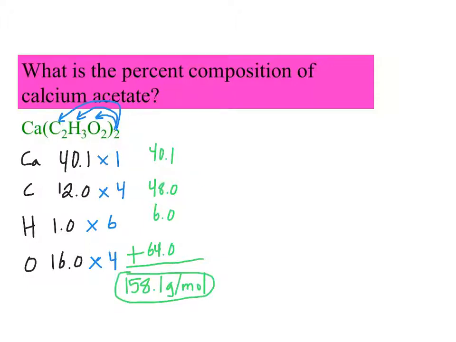So to find the percent composition, I'm going to have to take the mass of each element that is represented in the compound and divide it by that total. So follow along. For calcium, I'm going to take this number, 40.1, and I'm going to divide it by my total, 158.1, and multiply by 100.